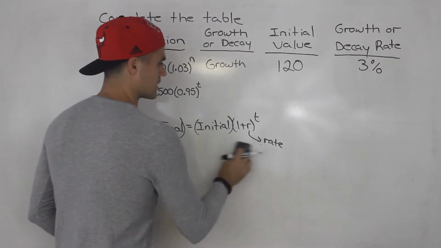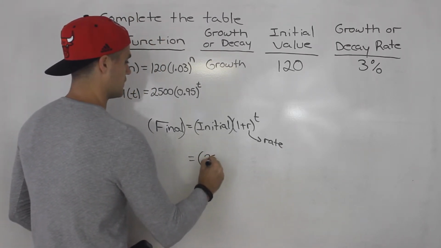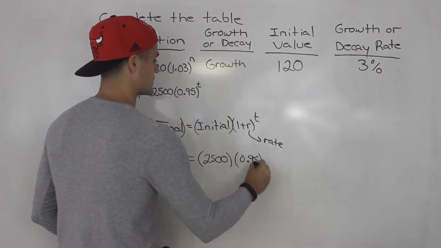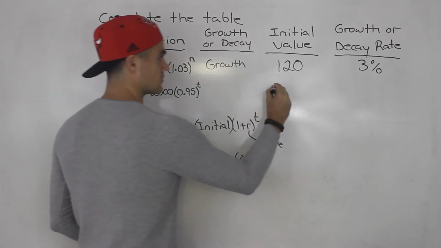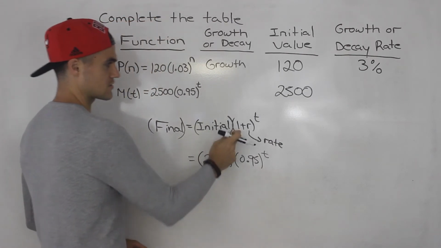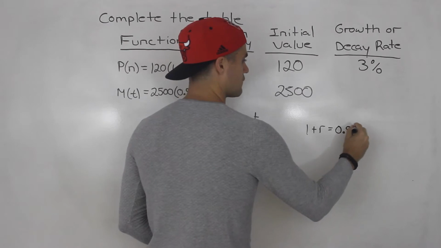What about the second function? So we got 2500, 0.95 to the power of t. Well, from here we could tell initial value 2500. And then let's solve for that r. So 1 plus r has to equal 0.95.